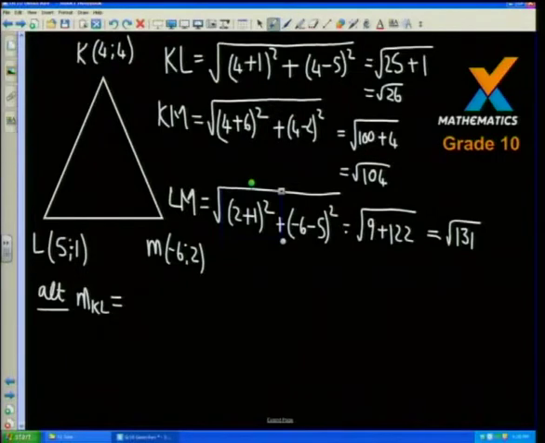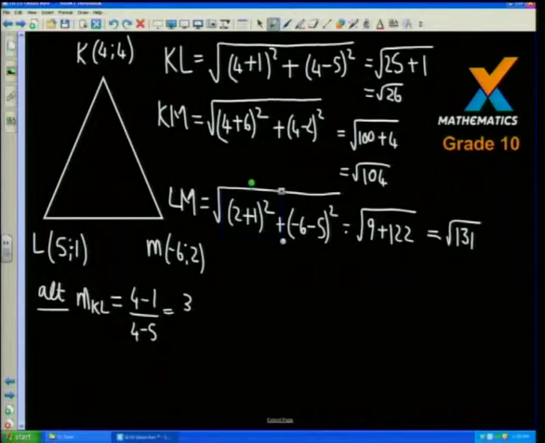So I get 4 minus 1 over 4 minus 5. Now, folks, at the top that leaves me with a 3, and at the bottom that leaves me with a -1, which gives me a -3 as a gradient for KL.